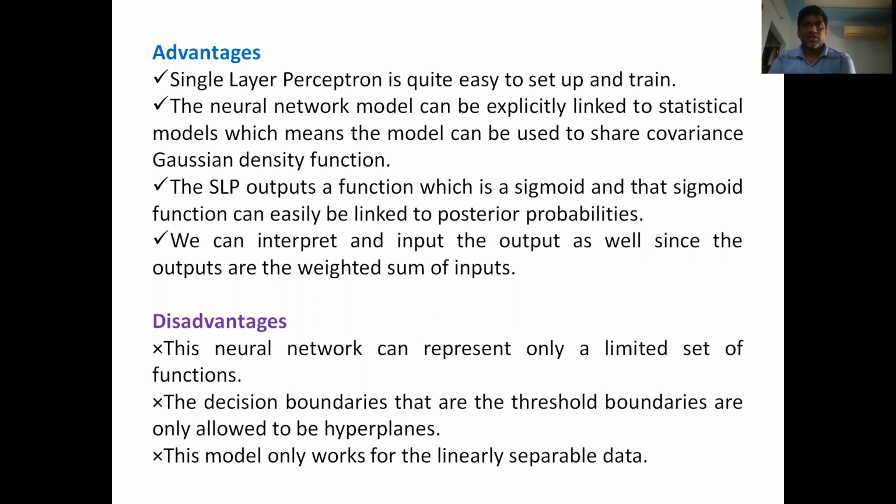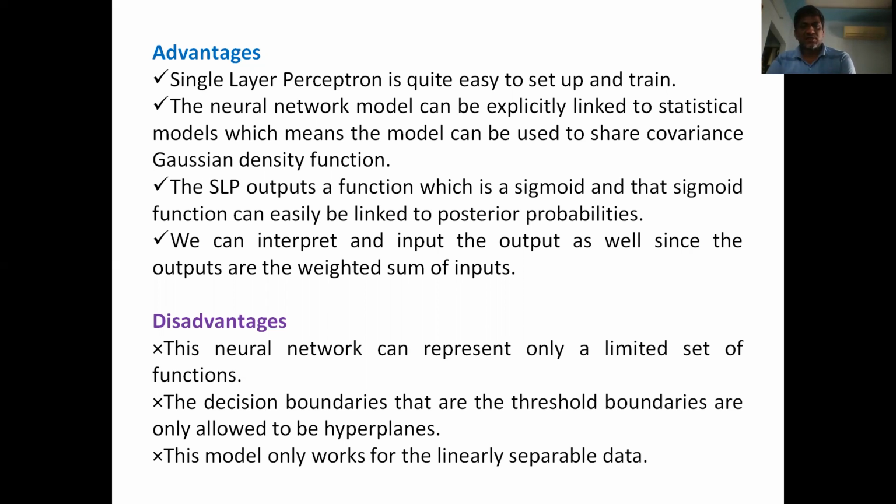Okay, so it is very easy to calculate the outputs from a perceptron. These are the advantages. Overall, the main advantage with the perceptron is it's very easy to set up, train and predict. And the disadvantages are it can represent only a limited set of functions. So that means the range of problems that can be solved by the perceptron neural network is very limited.